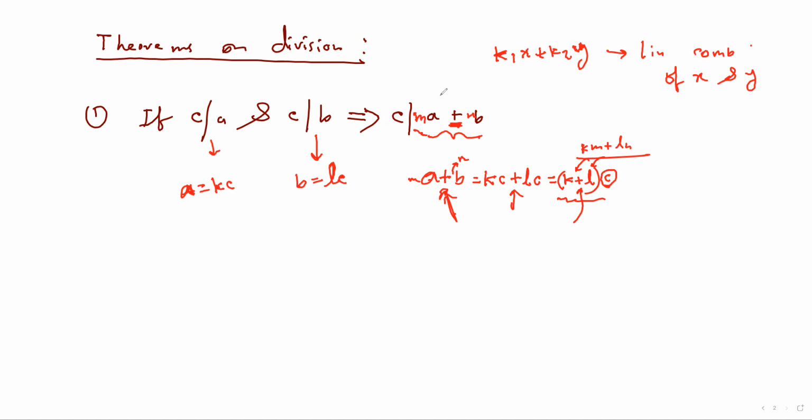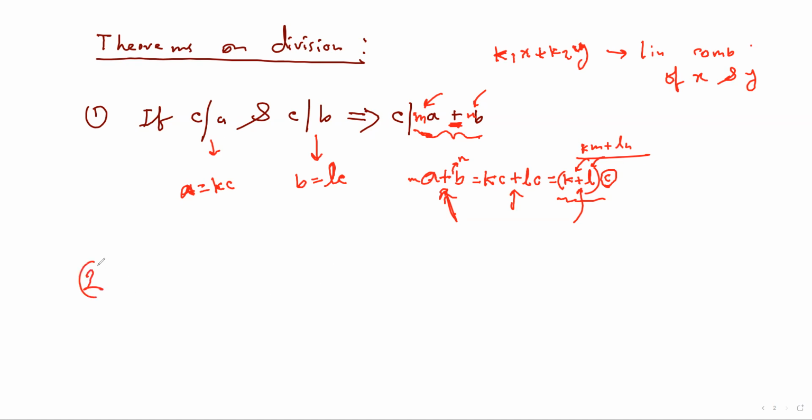Now, you can see that this m and n are actually integers. So in this particular case, we can call this an integer linear combination of the integers a and b. So the main idea is this: if c divides not just two, but a number of integers, then c must divide any integer linear combination of those integers, right? So this can be generalized to cases where you have more than two integers.